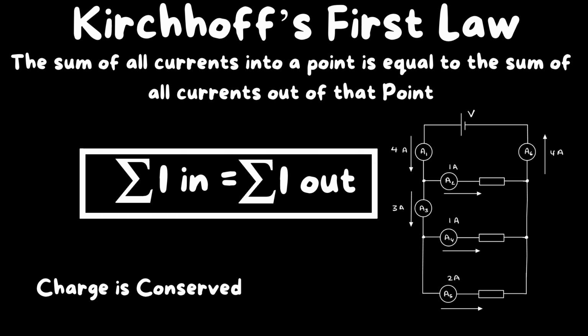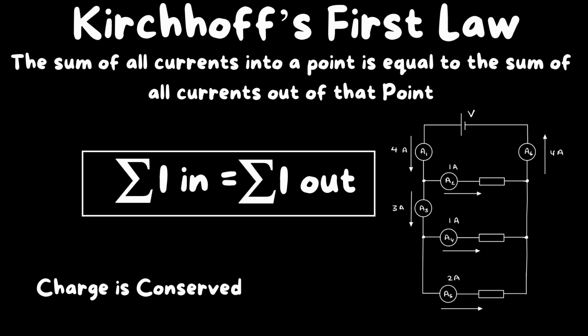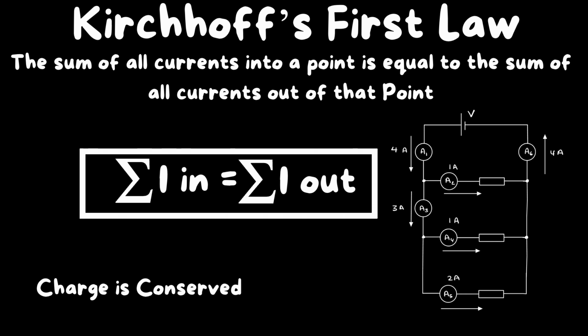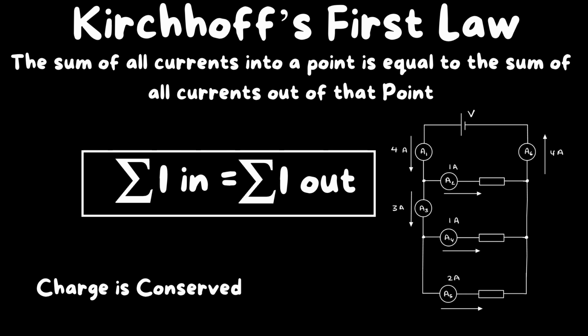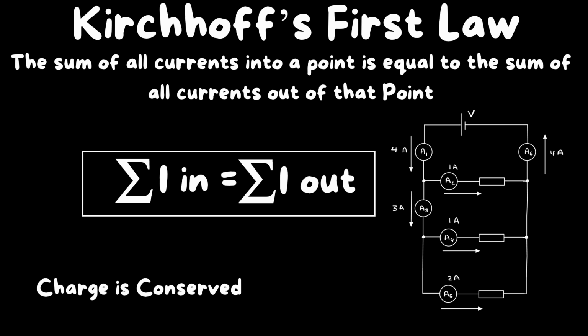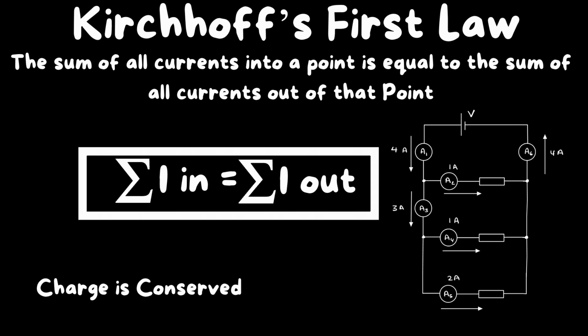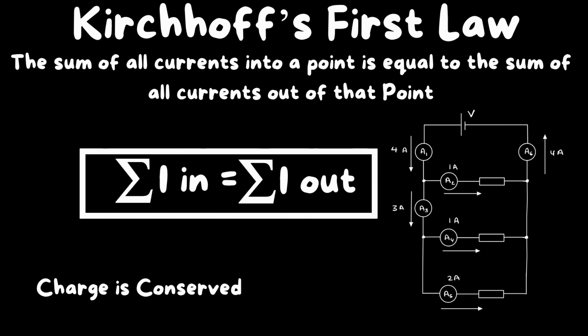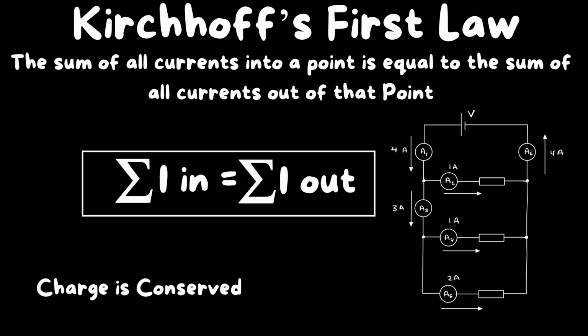And let's say the second loop is taking 1 amp out of that 3 amps. The rest of it, which is 2 amps, will be available across the third loop and will be read by the ammeter A5. So altogether, when it all goes back, the current read by the A6 ammeter will be 4 amps.